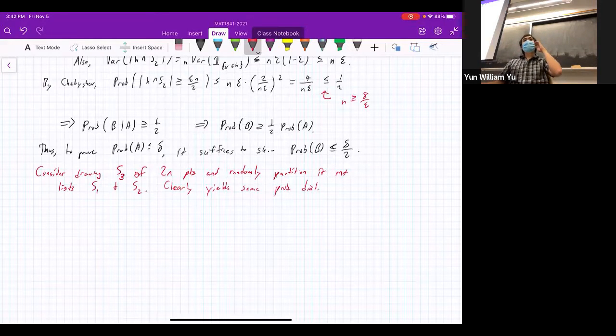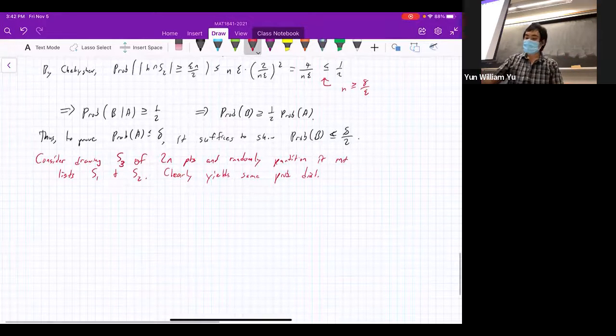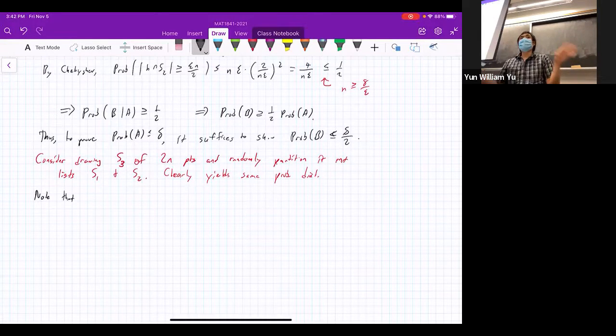But somehow we're going to make use of the fact that we're drawing all of our 2n endpoints at once, and then each point has 1/2 probability of being in one side or the other, S1 or S2. And that'll play a really important role. Importantly, we're not going to partition it yet. We're going to think about the partitioning process later, so we're only going to draw the points now, and hold off on partitioning.